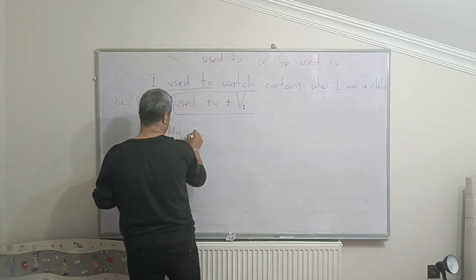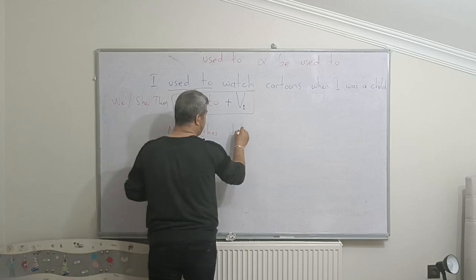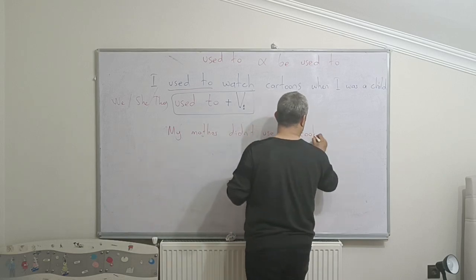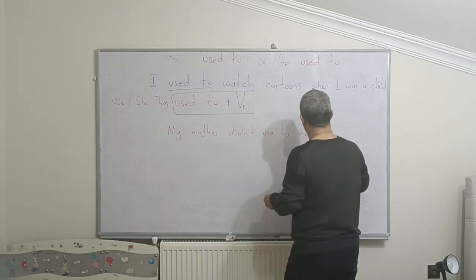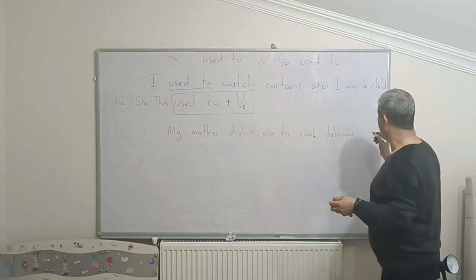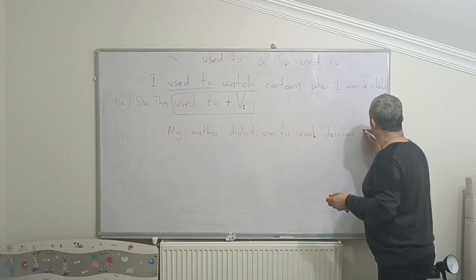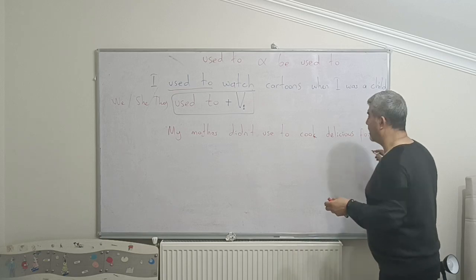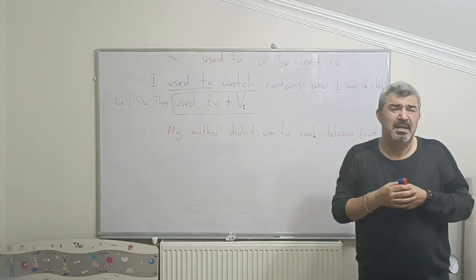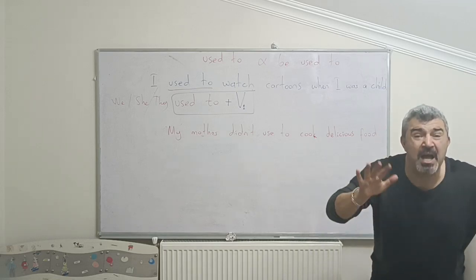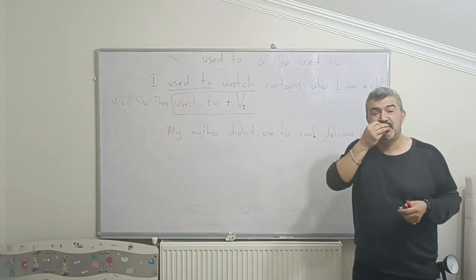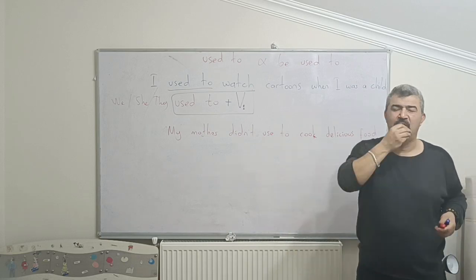My mother didn't used to cook delicious meals, delicious food. What does it mean? It means that in the past, my mother couldn't cook delicious meals, but now she can cook them. She knows how to cook, and her meals, her dishes are awesome.